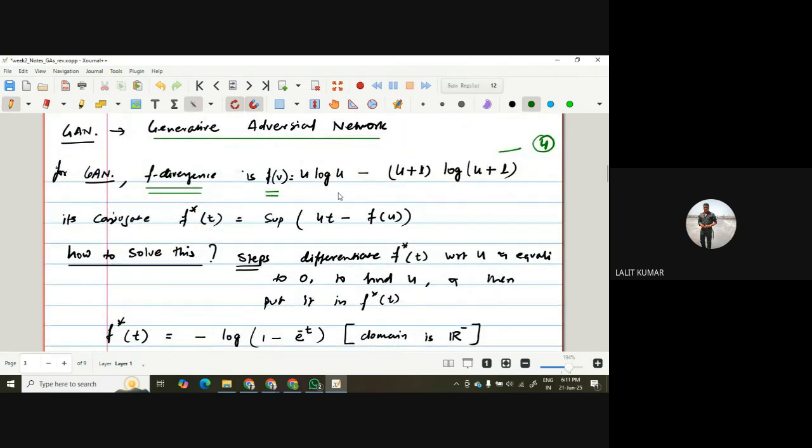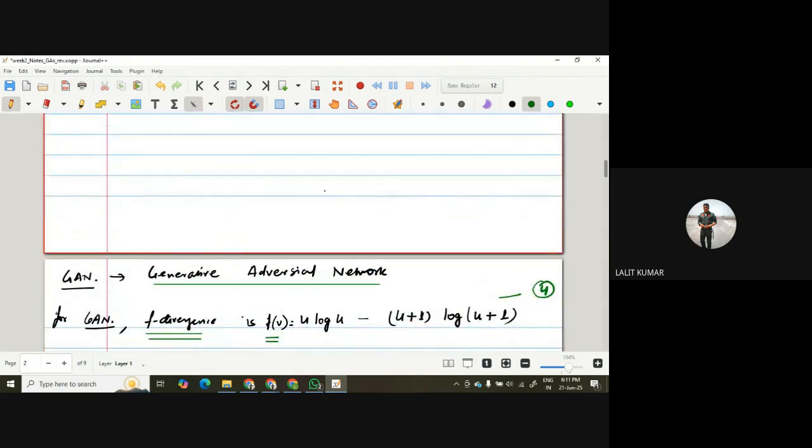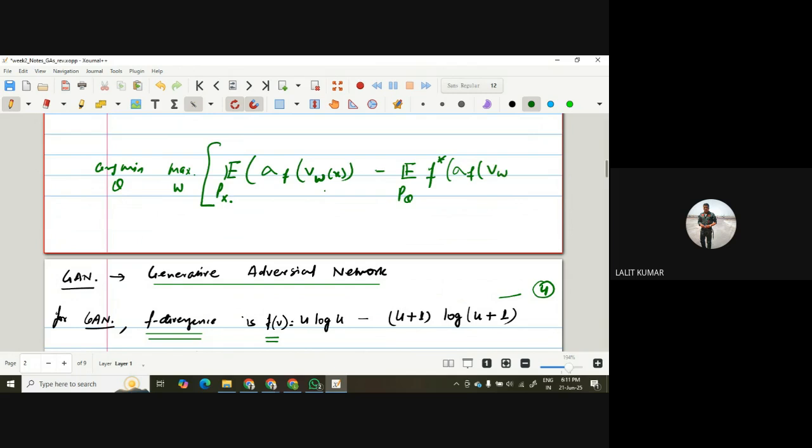And if we put this f(u), our idea was to take arg min over theta, max over w, and it had become the expectation over Px in the domain of sigma F of V_w(x), minus the expectation over P theta of F star of sigma F of V_w(x).